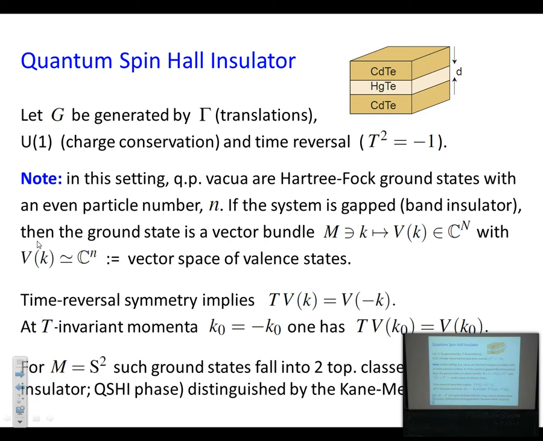Now, the mathematical task is to classify vector bundles of this type. This is a real vector bundle in the sense of Atiyah. You have an involution on the base, momentum inversion, and you have an involution on the fibers. Well, not quite. It's an involution that squares to -1, so it's a quaternionic vector bundle.